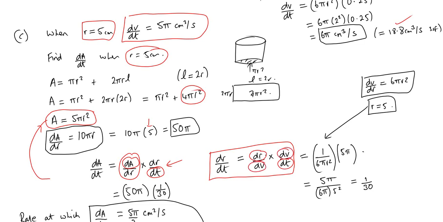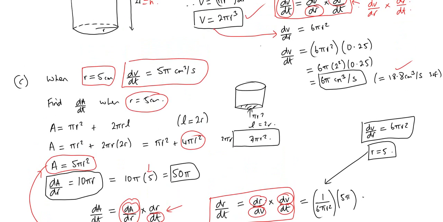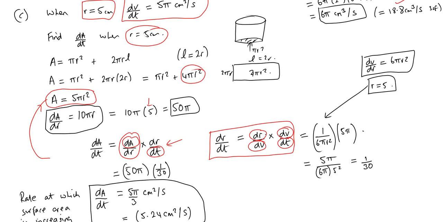Now from the last part of the question, if you look up here, we found a general formula for dv by dr. So dr by dv is equal to 1 over 6 pi r squared.